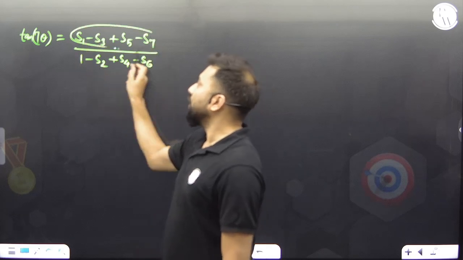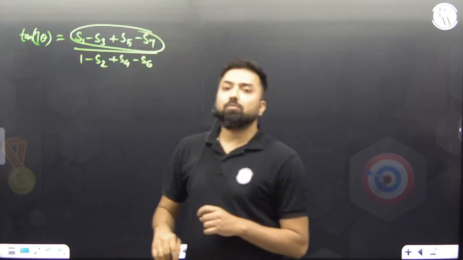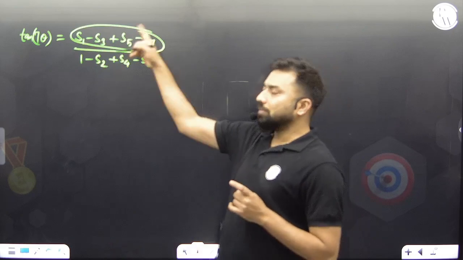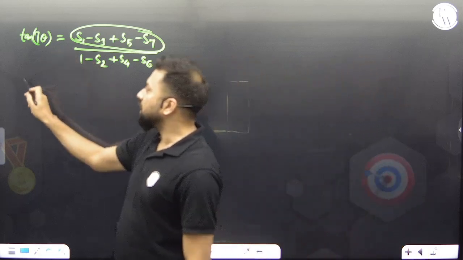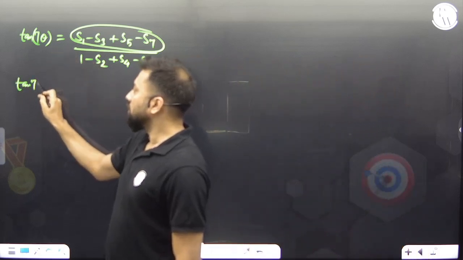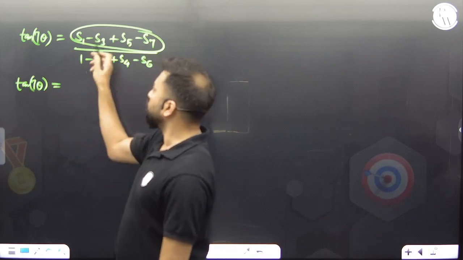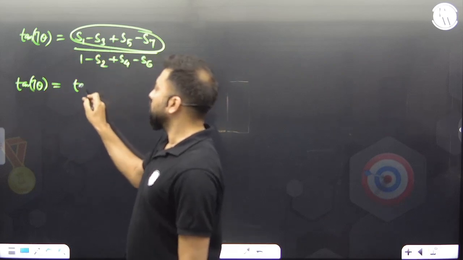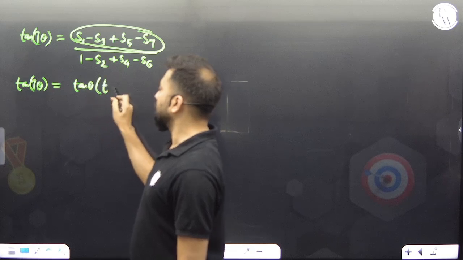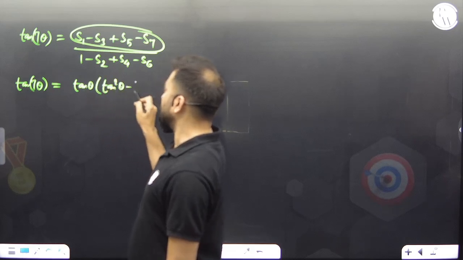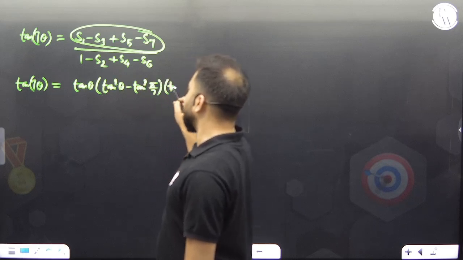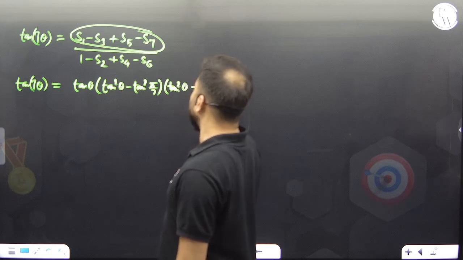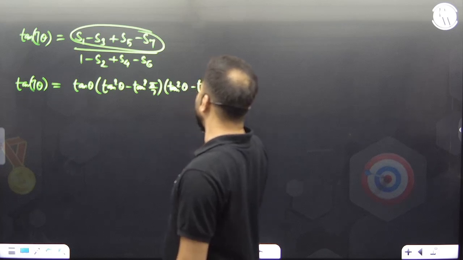And we have equated this term in terms of that polynomial that we have just discussed. So I can write here tan 7 theta is equal to tan theta into tan square theta minus tan square pi by 7, tan square theta minus tan square 2 pi by 7.